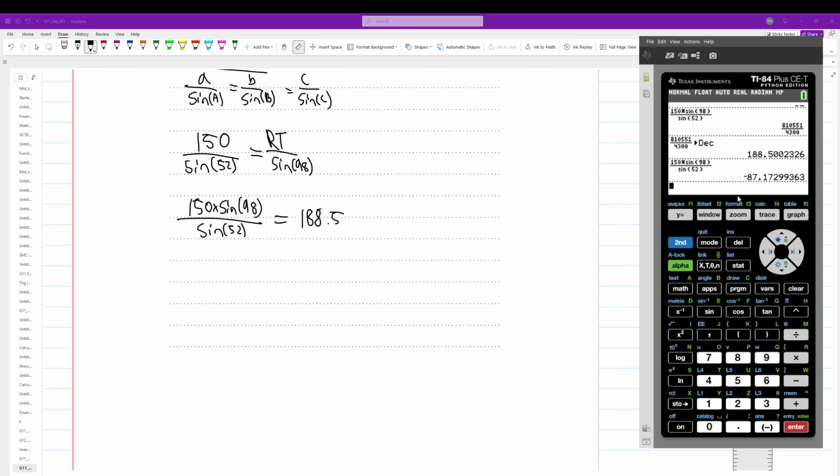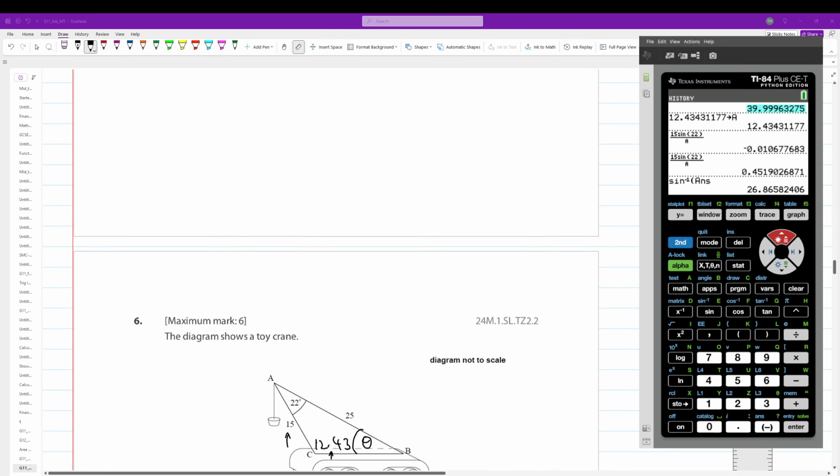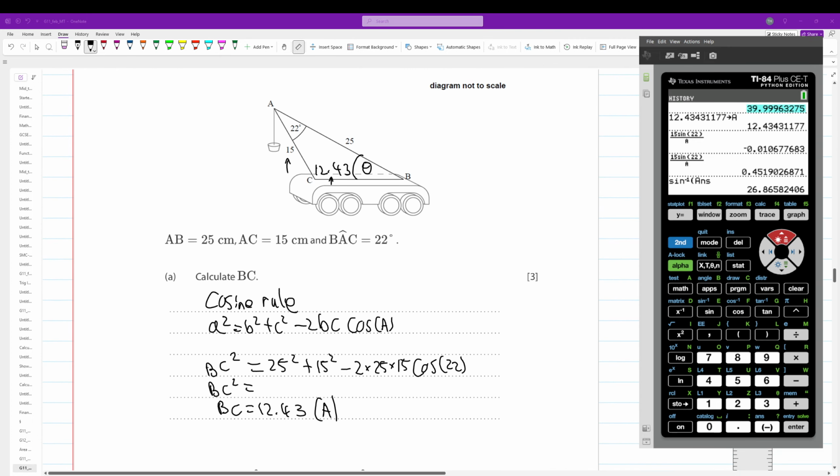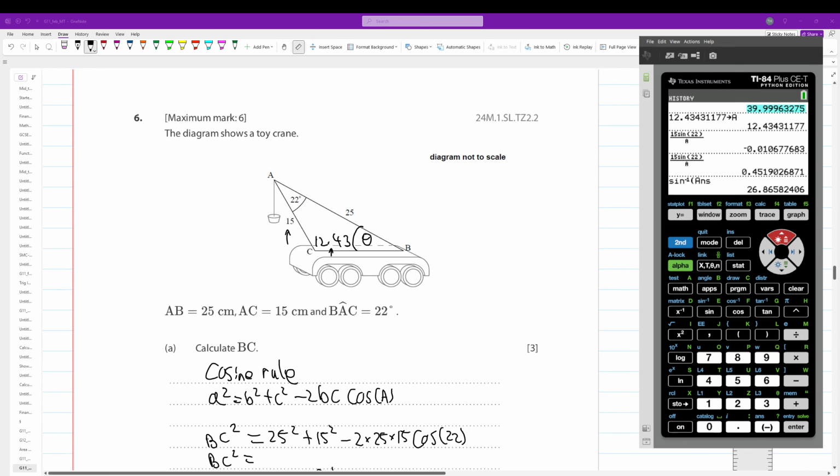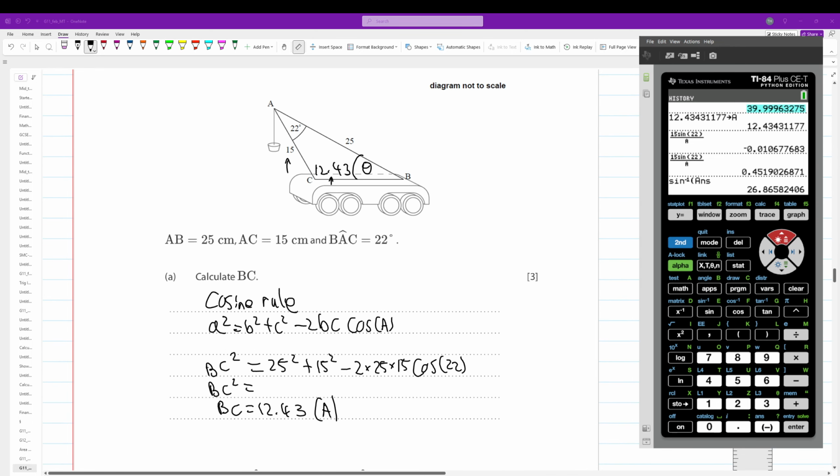By the way, this also goes for the questions that we were doing before. I noticed that some people got this wrong in the exam because they had their calculator in radians and not degrees. It's really important that you do that gut check. And what if that is the wrong thing? It does happen, and that's okay.